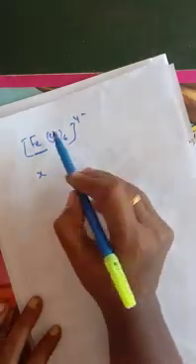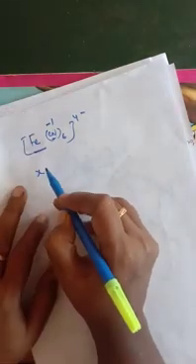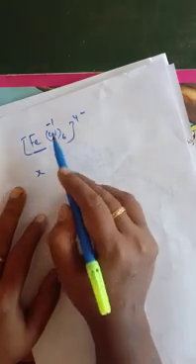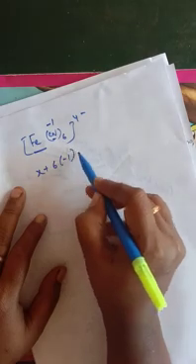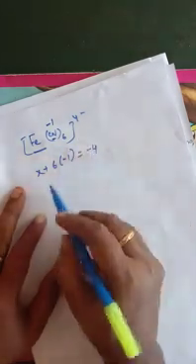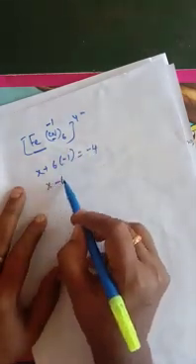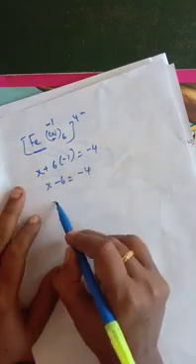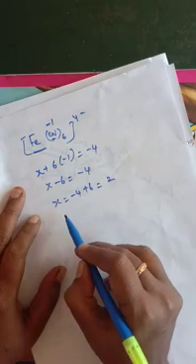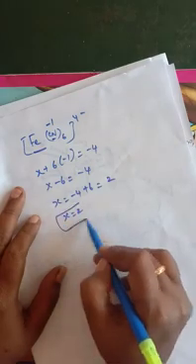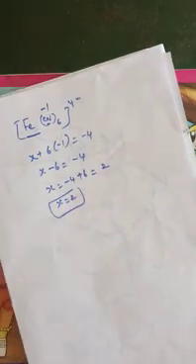So cyanide has oxidation number -1. Let us write once again: x plus 6 times minus 1, and outside the bracket minus 4. So x minus 6 is equal to minus 4, so x is minus 4 plus 6, so x is equal to 2. So the oxidation number is x equal to 2.